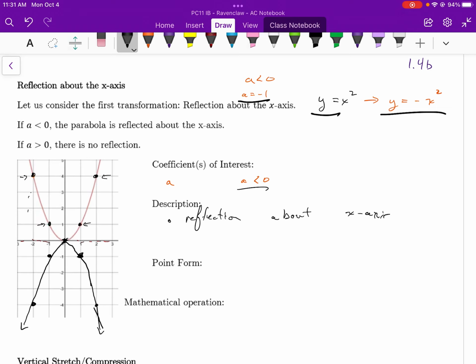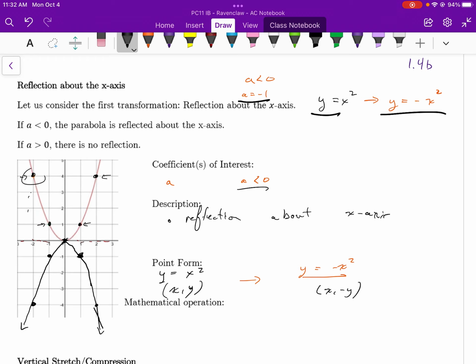And from point form, we can start off with y is equal to x squared. And after our transformation, the new functional form becomes y is equal to -x squared. So this is really our transformed graph. On our original graph, we started off with points x, y, and they were transformed into x, comma, -y.